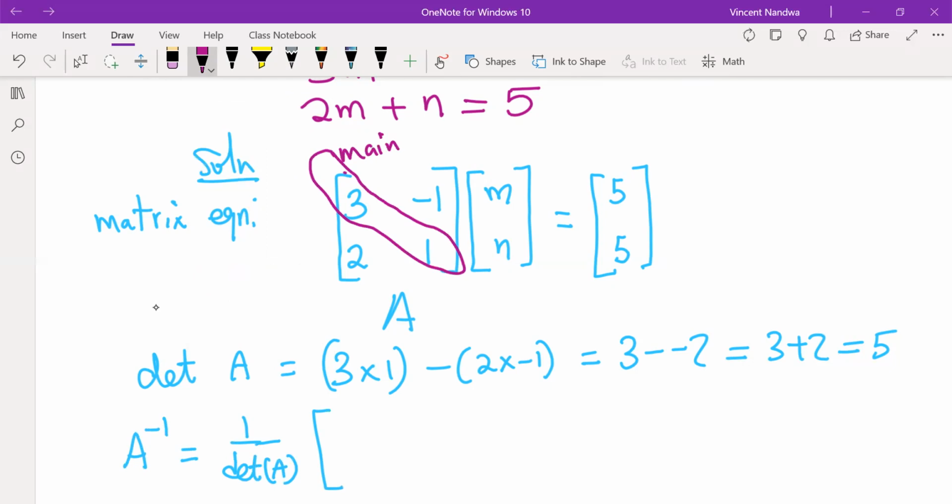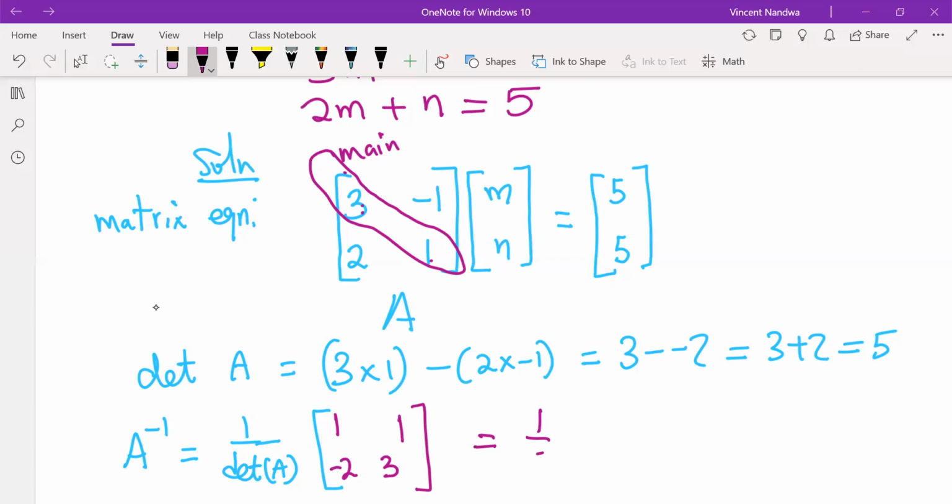So interchanging means 1 takes the position of 3 and 3 takes the position of 1. And then elements in the other diagonal remain in their position, but their signs are changed. So 2 becomes -2, and -1 becomes +1.